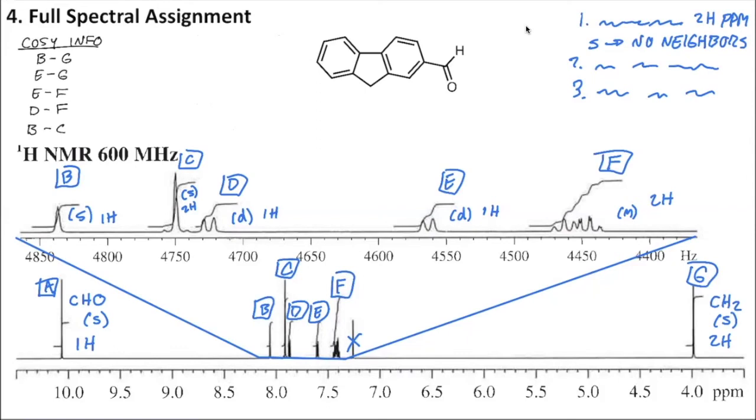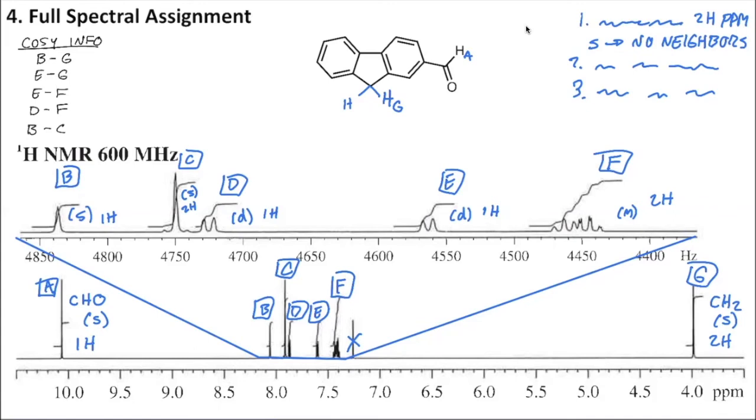Okay, so let's start putting in some of these labels for the things that we're pretty sure about, and start thinking about splitting and neighbors to help us figure out the rest. So we are already very confident that this labeled hydrogen out there is A, that's our aldehyde proton, and we're pretty confident as well that these protons are Hg for our CH2. As I alluded to at the end of the 1D proton section, we can think about these two Hg protons as a sort of a handle to help us get started with walking around the rings to find their neighbors.